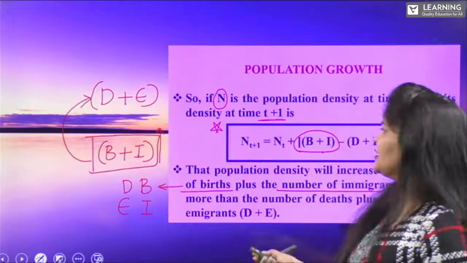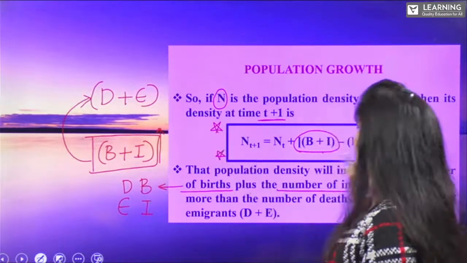That's it. Right? This equation is very, very important. You have to remember it.